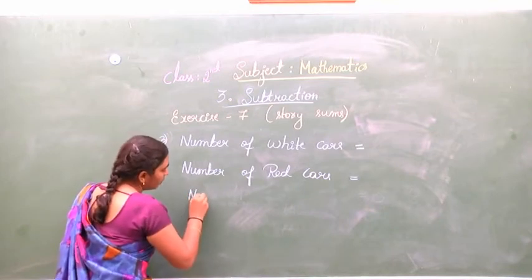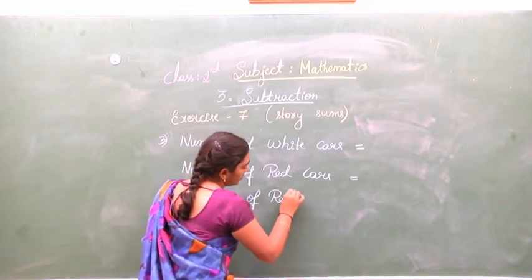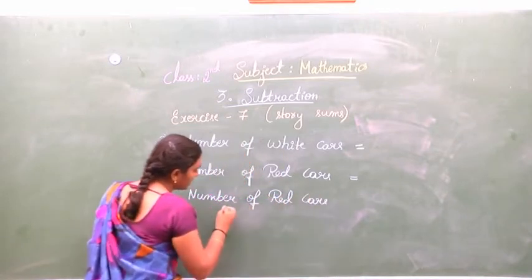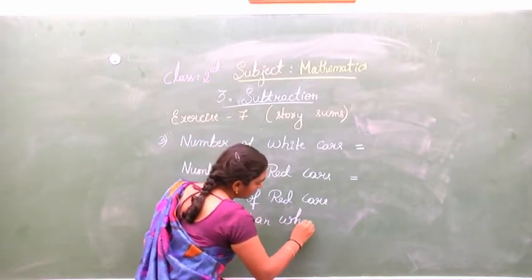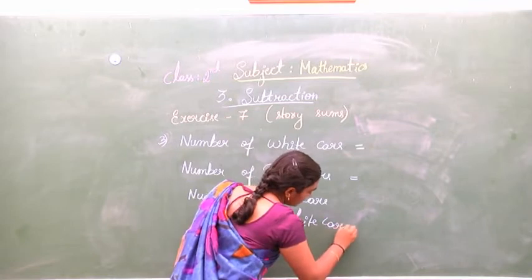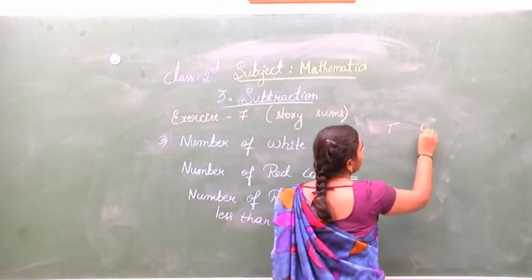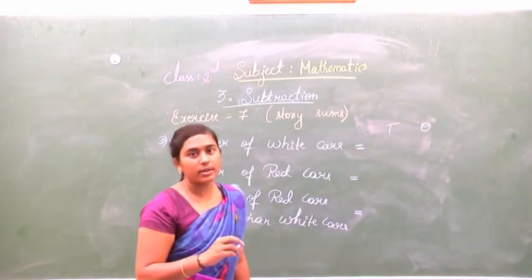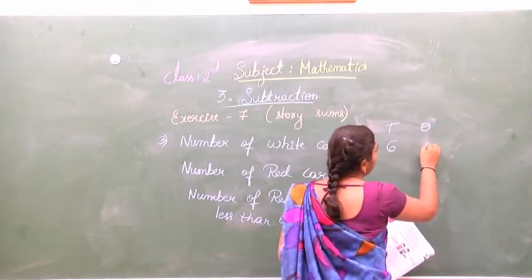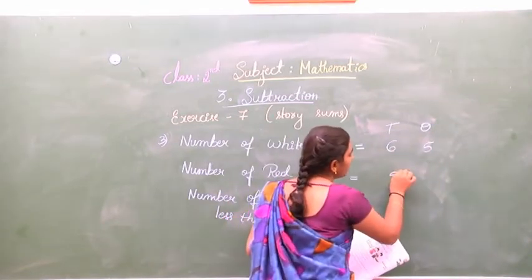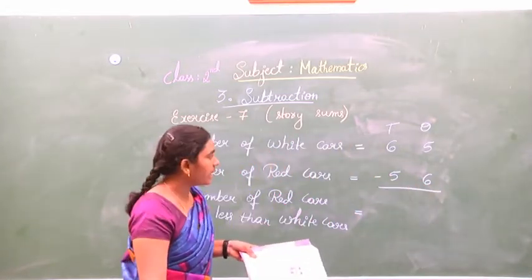So number of red cars less than white. So let's write how many white cars are there. See your textbook and tell me how many white cars? 65, right? How many red cars? 56. So how many fewer red cars are there?